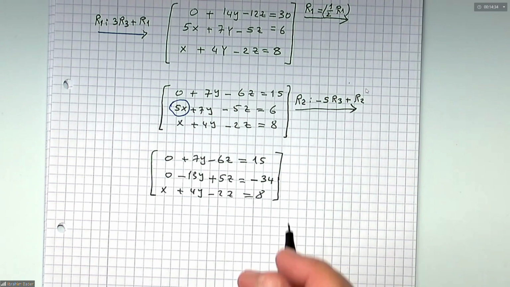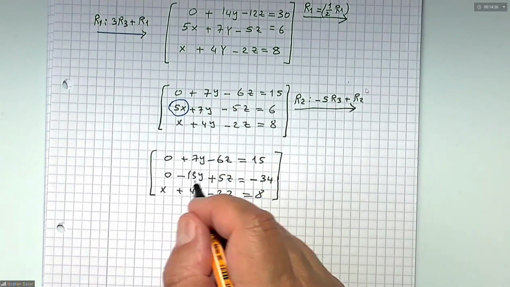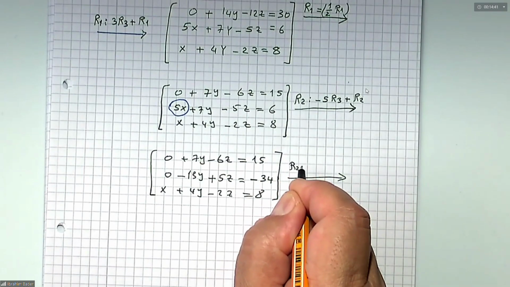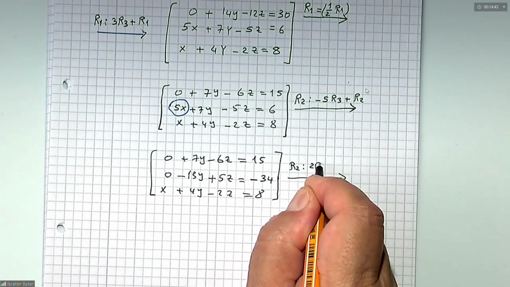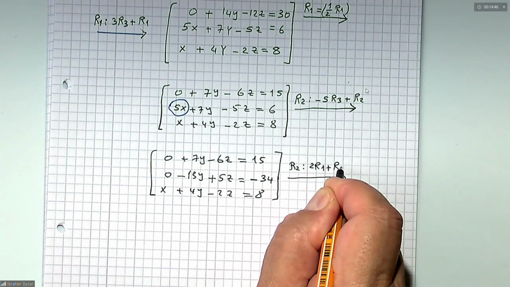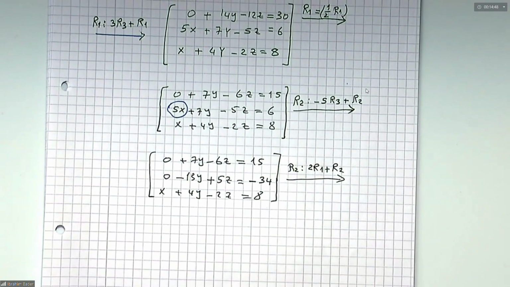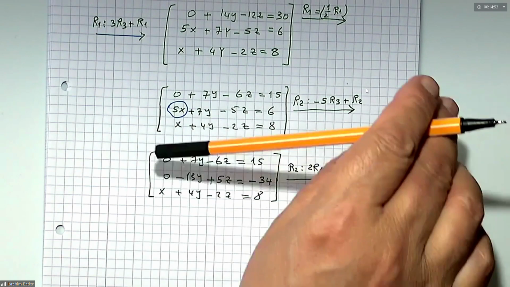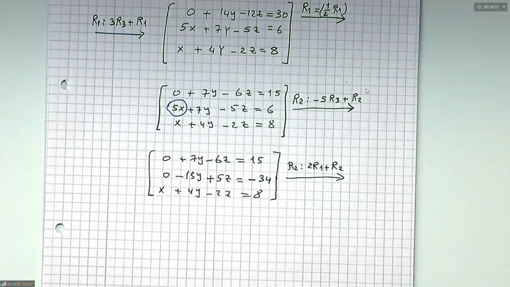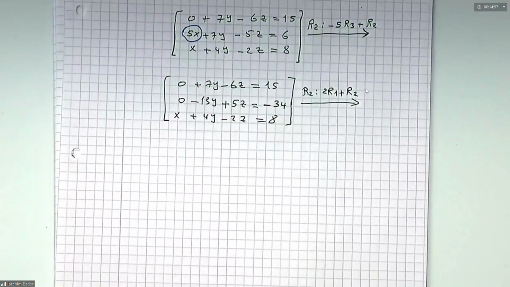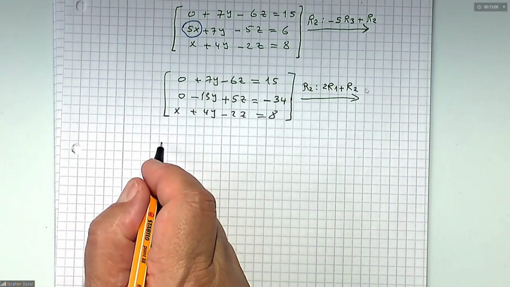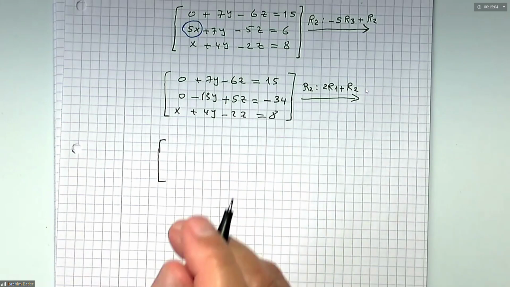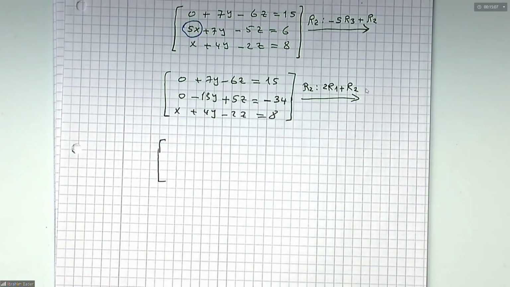It's just simplifying to get rid of this 13. Maybe you can just replace R2 by twice R1 plus R2. Because here you get 14 and 13, then you will have it as 1. I don't like to work with large coefficients. So let's do this step also on the scratch paper.